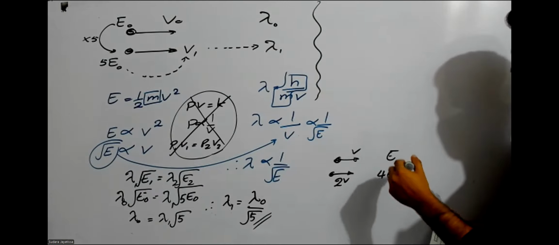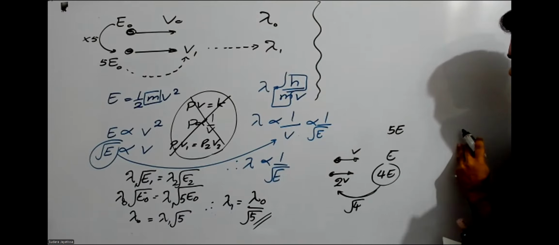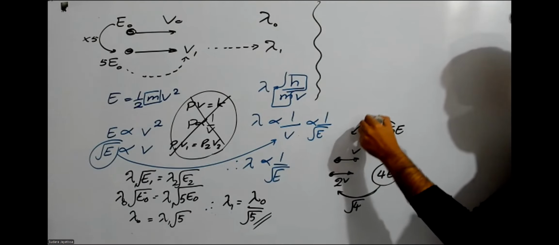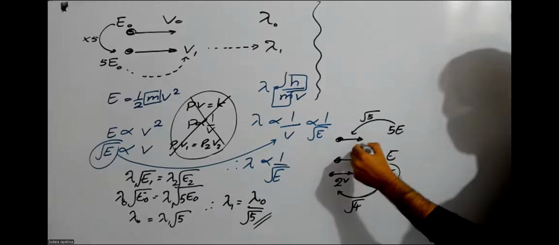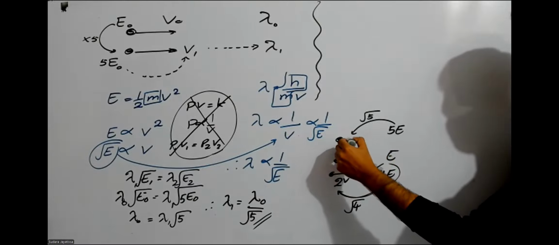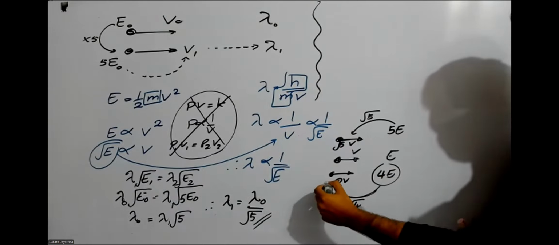Understand? So if you multiply the kinetic energy by 5 times, the root of 5 will increase the speed. That means the new speed will be root 5 v. Here it was root 4 v.